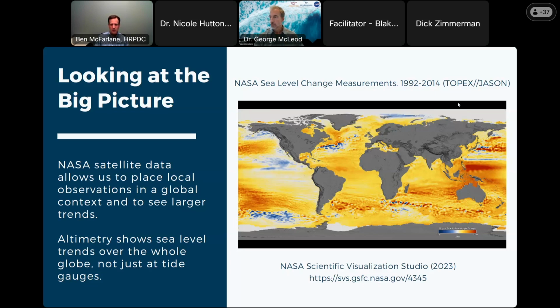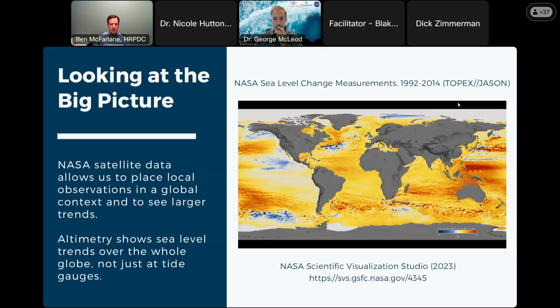The takeaway from this is a few things. One is that we now have a record that spans the entire globe and not just the location of those tide gauges. But two, it reinforces what we've been seeing at the shore. So we get this redundancy in our data sources, this backup, where we have sensors on the land and sensors looking out at sea telling us the same story, which is critical for developing public support and making sure that our decision makers don't have different types of sensors telling us different things altogether.